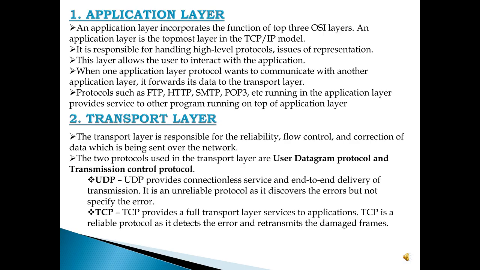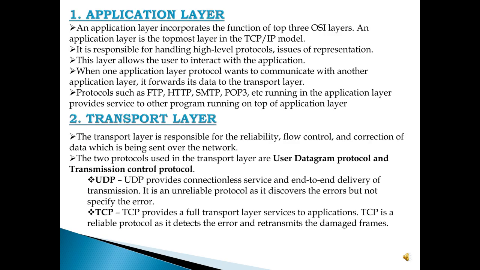Now let's discuss the layers in the TCP/IP protocol suite. So first we have the application layer. An application layer incorporates the function of the top three OSI layers. Application is the topmost layer in the TCP/IP model. It is responsible for handling high-level protocols, issues of representation.